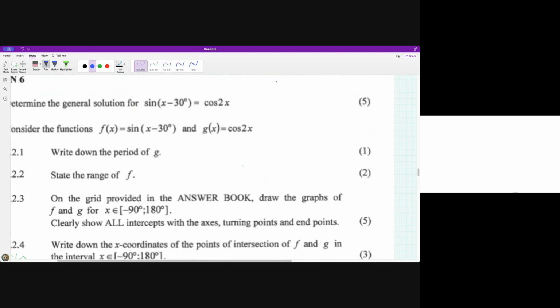Now, there's a secret little thing I'm going to show you. If I want to change from sine to cos, can't I say the sine of x is the same as the cos of 90 minus x?